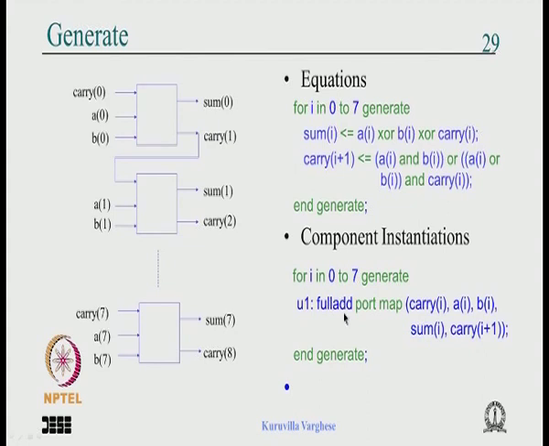So we have a full adder with inputs carry in, A, B, and outputs sum and carry out. We write the full adder port map, 0 to 7 generate, carry I, AI, BI are inputs, sum I and carry I plus 1 are outputs. Exactly the same thing will happen, you get A0, B0, carry 0 as input, sum 0 comes as the output, and the carry 1 output is used in the next stage as an input.